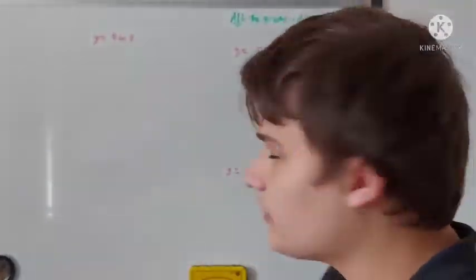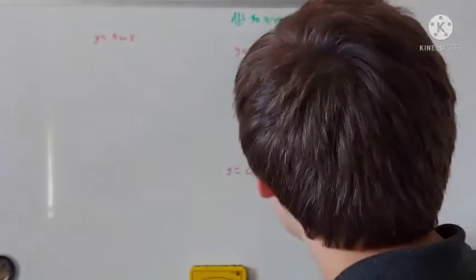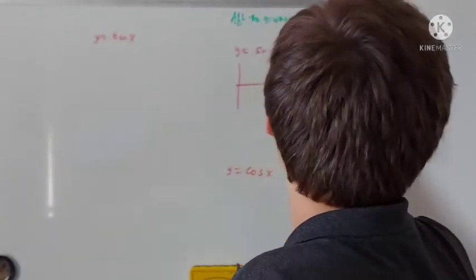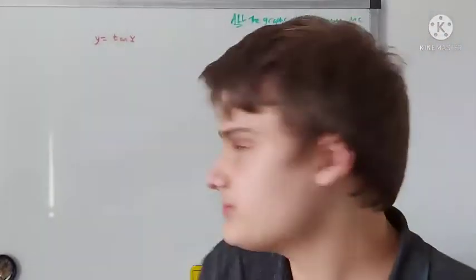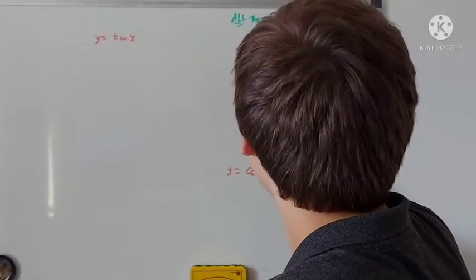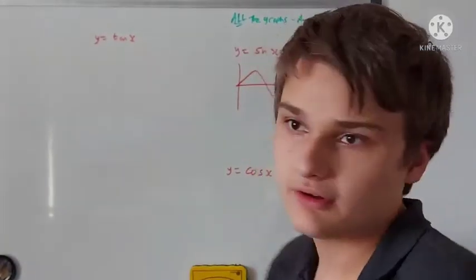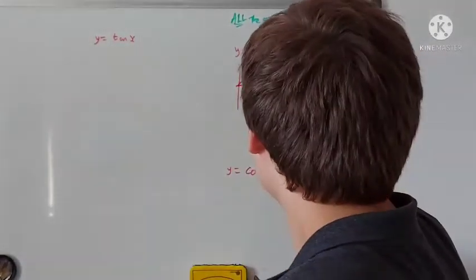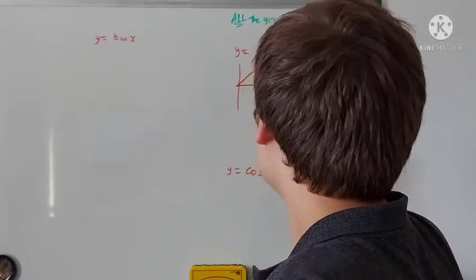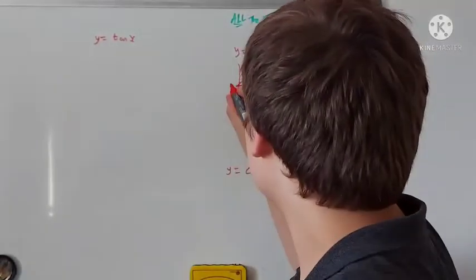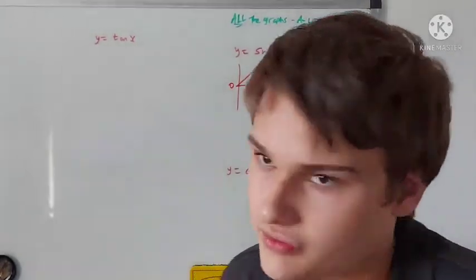Okay, onto some basic trig graphs then. So we've got y equals sine x. Now y equals sine x is super simple. We go like that. Here will be 180 degrees or pi radians if you want to use pi, and put these into radians.